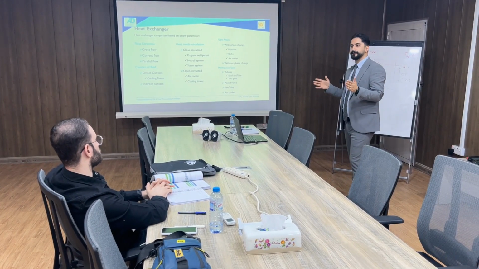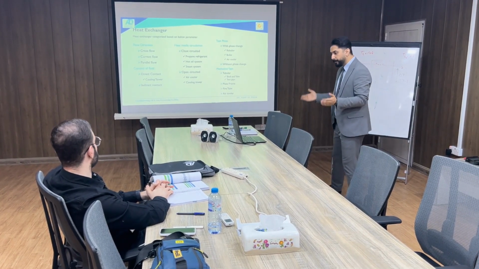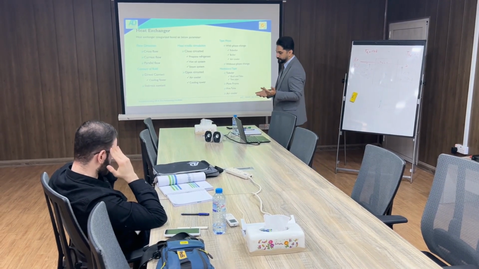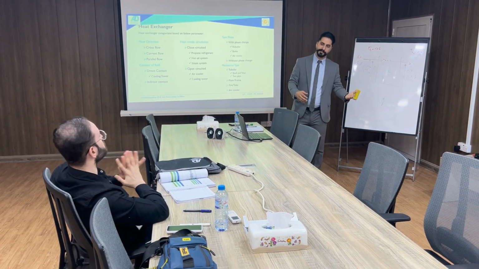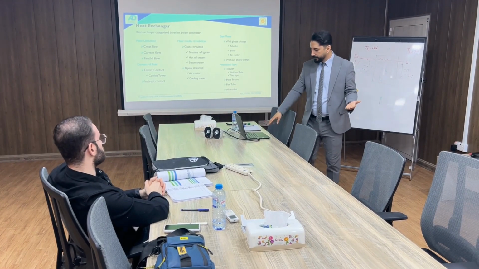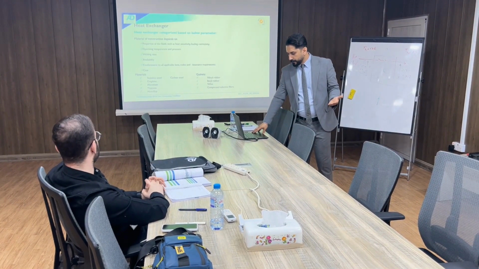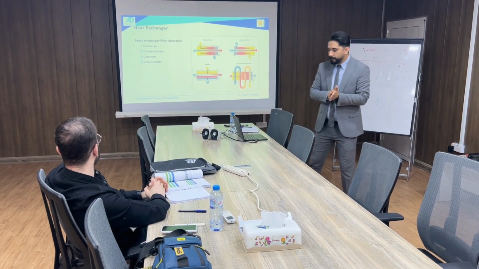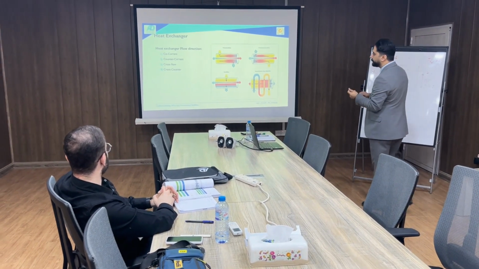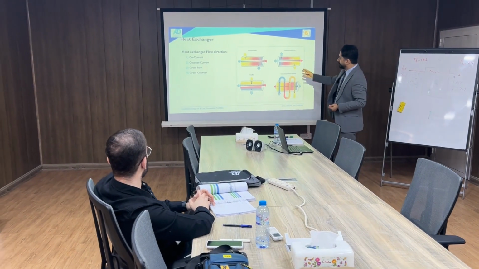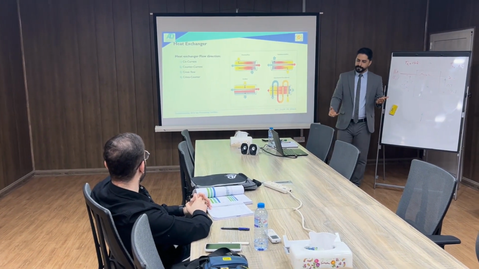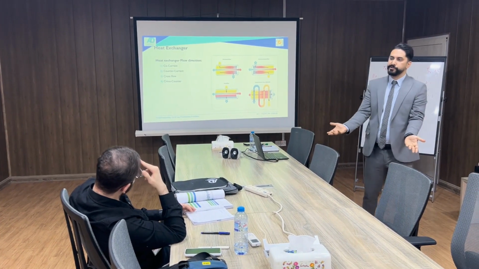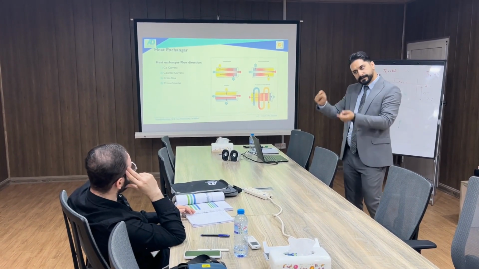But if we want to classify the heat exchangers, we can say that the shell and tube heat exchangers are the most common heat exchangers, and we are going to see how many types of shell and tube heat exchangers we have. Look here. For a shell and tube heat exchanger, we are going to provide an area for the shell which contains the tubes.